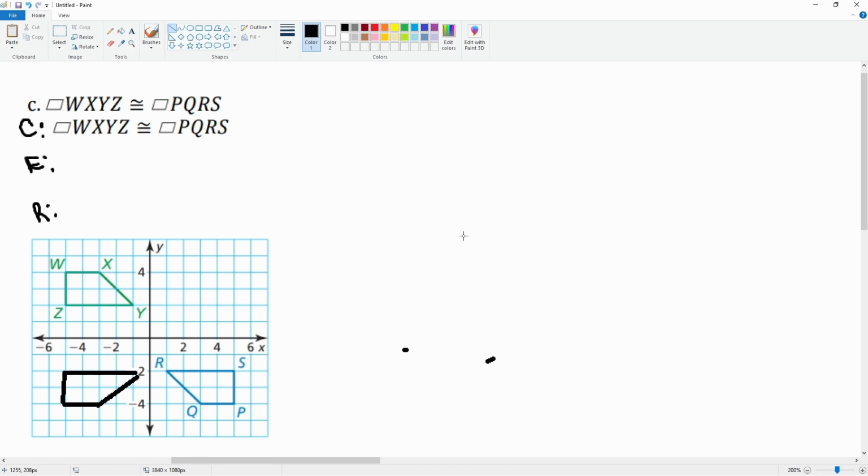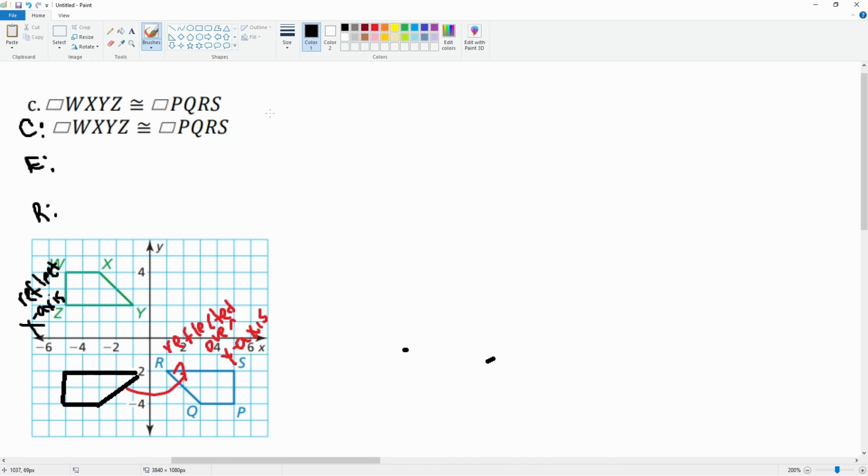So let's see if I reflect it over the y-axis first, then I reflect it again over the y-axis. The first one was a reflection over the x-axis.